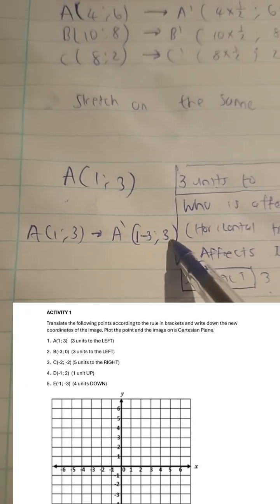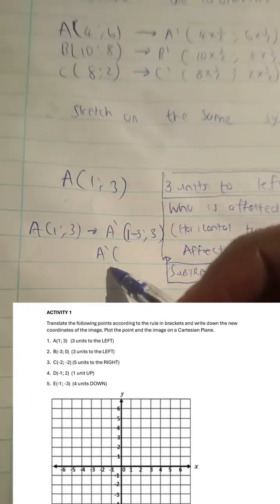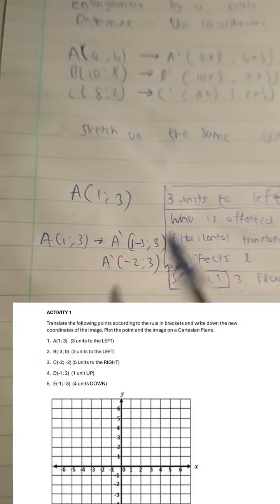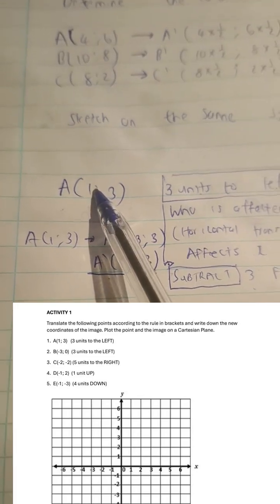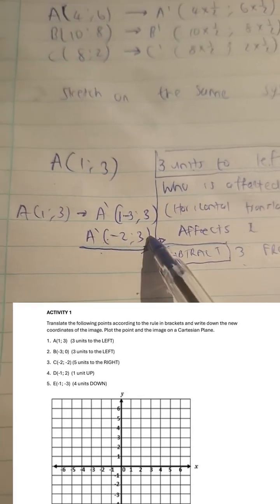But then of course our y-coordinate will stay the same. So the new coordinate of A, the image, will be 1 minus 3 is -2. And therefore the image of A, translated 3 units to the left from the original A coordinate, will be (-2, 3).